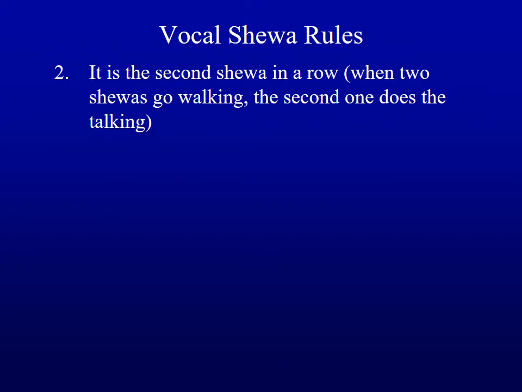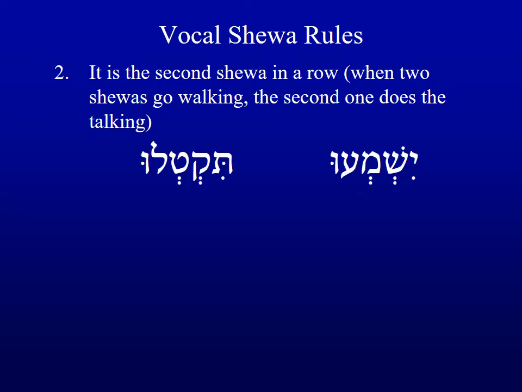The second case in which a schwa will be vocal is if it is the second schwa in a row. That is, the second schwa in a pair of schwas. A saying I used to remember this is, when 2 schwas go walking, the second one does the talking. So here's a couple of examples of that. Here in the first word, you see 2 schwas right next to each other. In this case, the first one is silent, the second one is vocal.